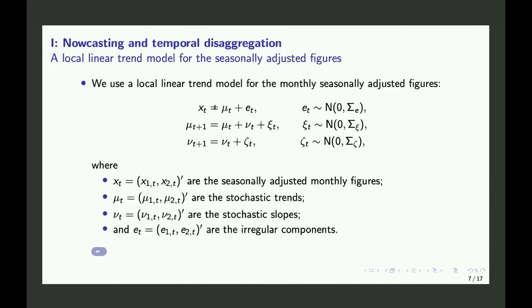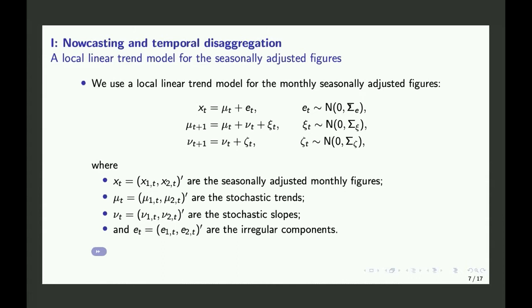We use a local linear trend model where the seasonally adjusted figure is composed of a trend and an irregular component. And it's in this irregular component that we can make use of the MBS data, because we estimate that these components are correlated between the VAT and the monthly business survey. That's how we use the monthly business survey.